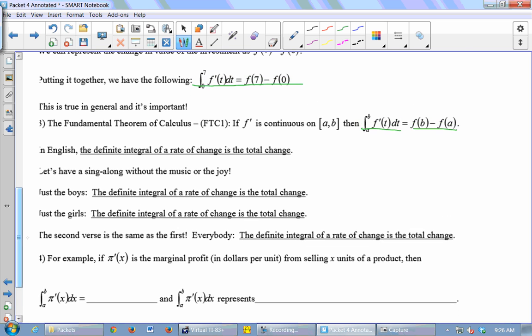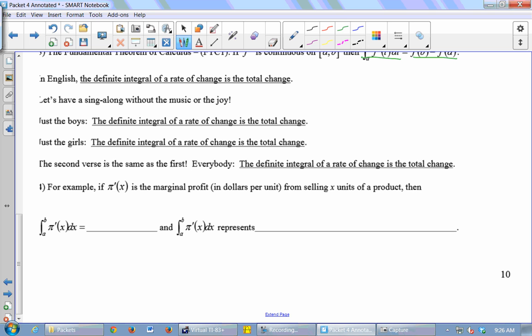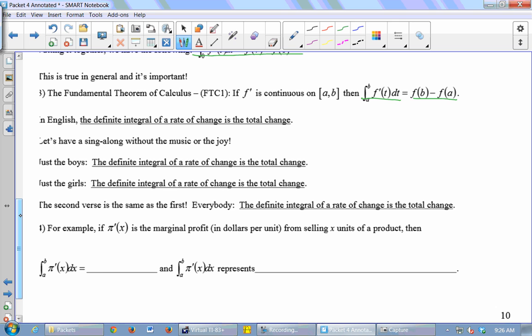All right, so for example, if pi prime of x is marginal profit, so marginal profit is the rate of change of your profit, right? Measured in dollars per unit. So how many more dollars do you make for each additional unit you produce? Or how many dollars do you lose for each additional unit you produce? From selling x units of a product, then the integral from a to b of pi prime of x dx, according to the fundamental theorem, is going to be pi of b minus pi of a.